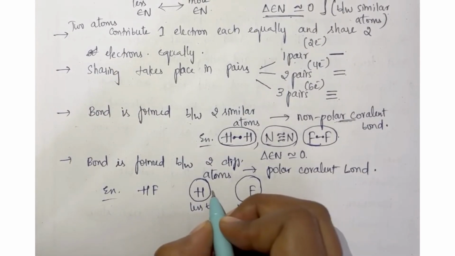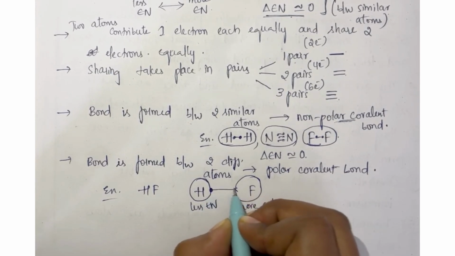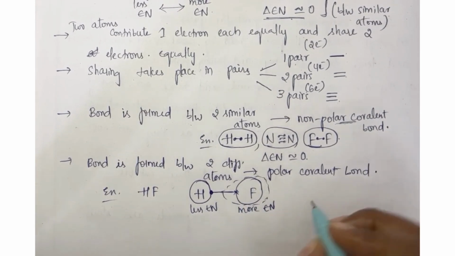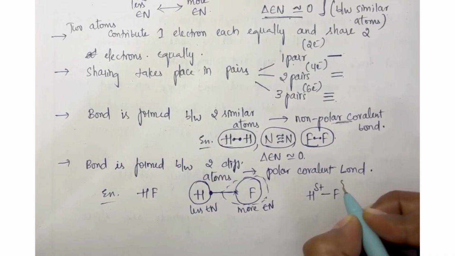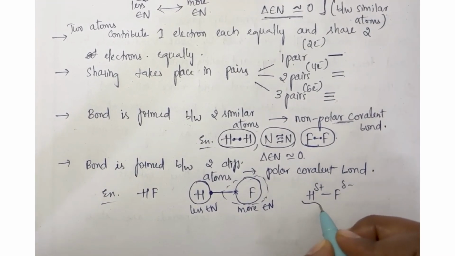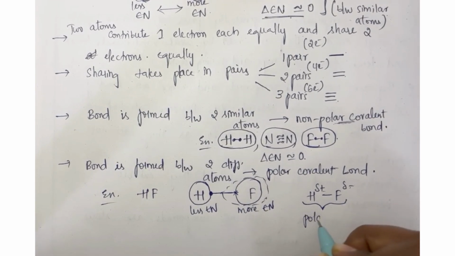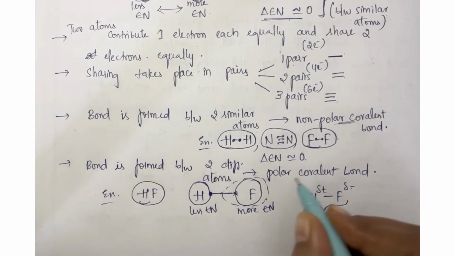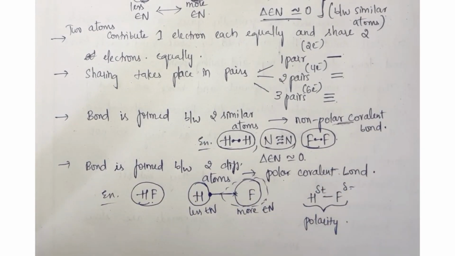In such case, the electrons given by hydrogen and fluorine will be more towards fluorine. Then hydrogen will get partial positive charge and fluorine will get partial negative charge. Such type of separation of charges is called polarity, and hence HF molecule contains polar covalent bond.